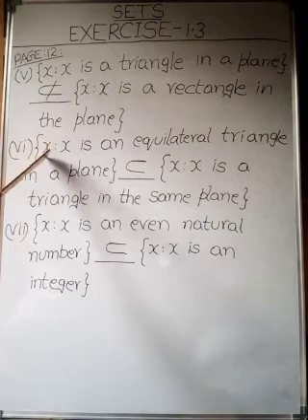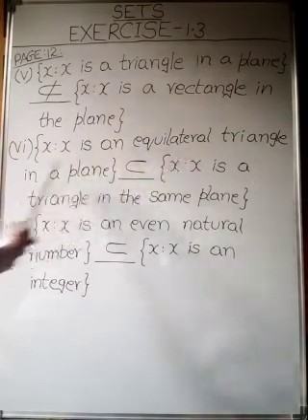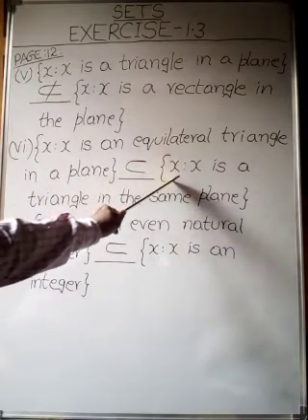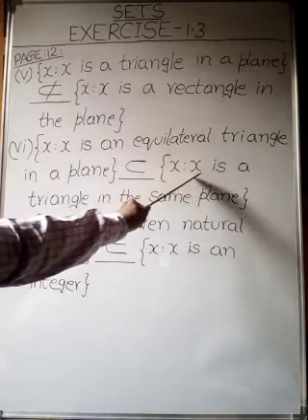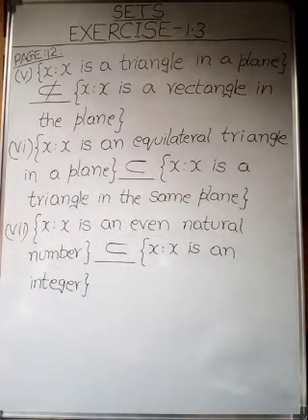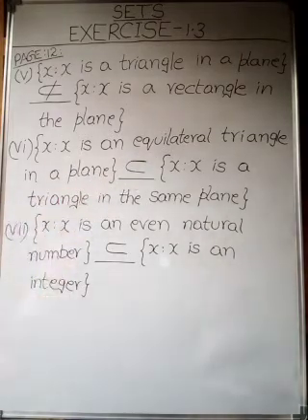Set of all x such that x is an equilateral triangle in a plane, and set of all x such that x is a triangle in the same plane. Is the first set a subset of the second set or not? Yes, clearly.